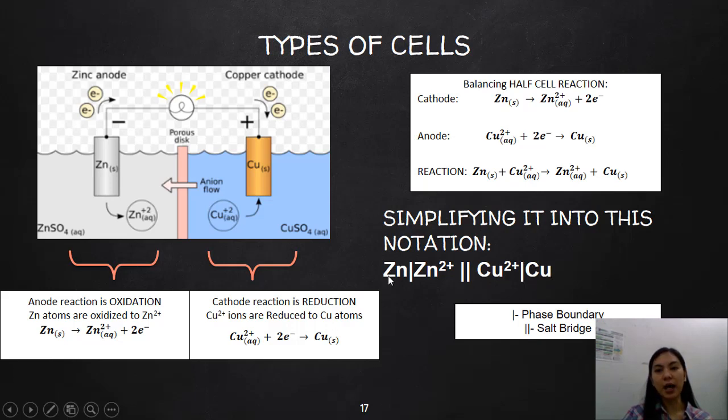So what this means is that, ito is yung anode, ito po is yung cathode. Or this is the one that underwent your oxidation, and this is the one that underwent your reduction. So, ibig sabihin po nung ganito, and dito naman po yung reference, is your phase boundary, and the two lines there is called your salt bridge. Okay? Or simply, it's the partition to prevent the circuit from short-circuiting.